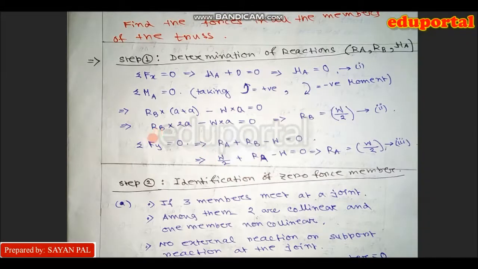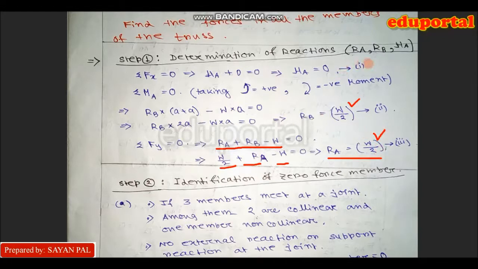We have RA plus RB minus W, because W is in the downward direction, equal to 0. We have the RB value, W by 2, so we can put it here. So W by 2 plus RA minus W is equal to 0. From here we get RA, the vertical reaction at A, equal to W by 2.